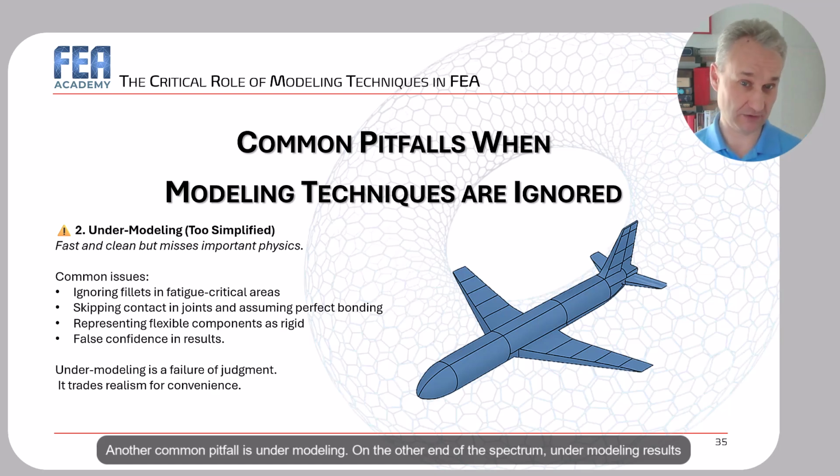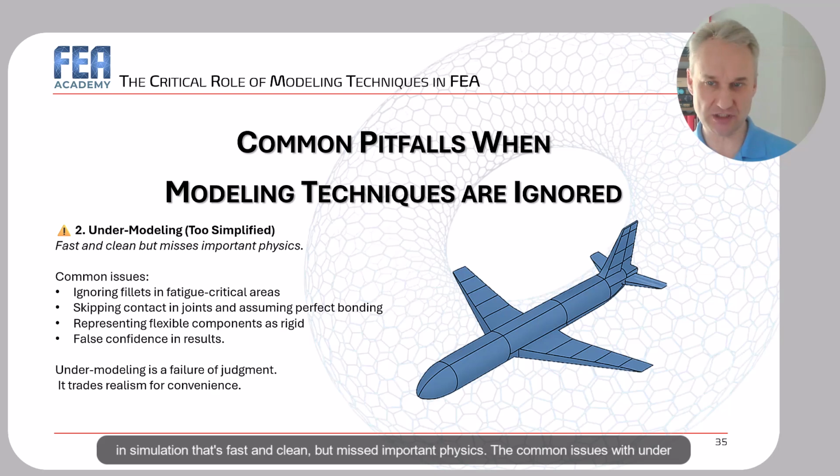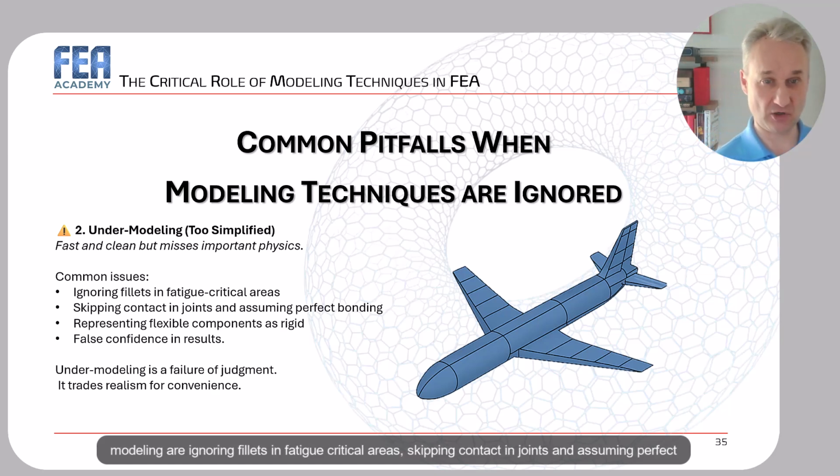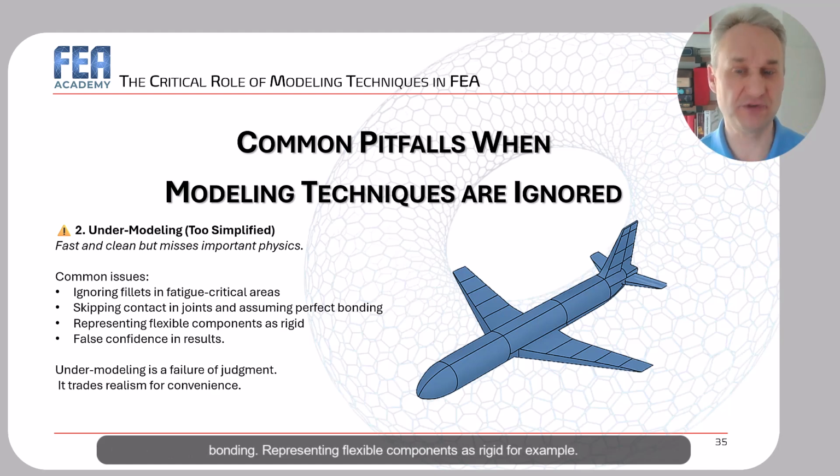Another common pitfall is under-modeling. On the other end of the spectrum, under-modeling results in a simulation that's fast and clean, but misses important physics. The common issues with under-modeling are ignoring fillets in fatigue critical areas, skipping contact in joints, and assuming perfect bonding, representing flexible components as rigid, for example.